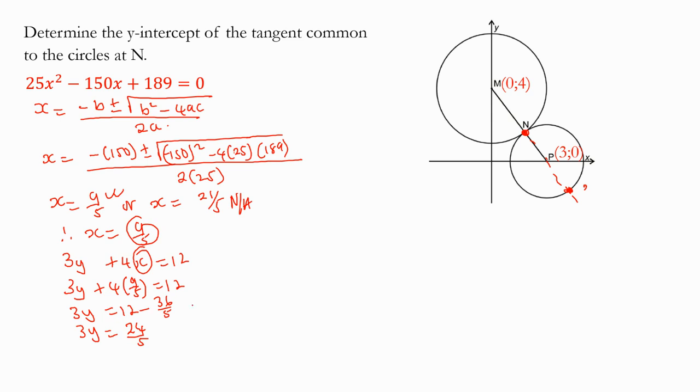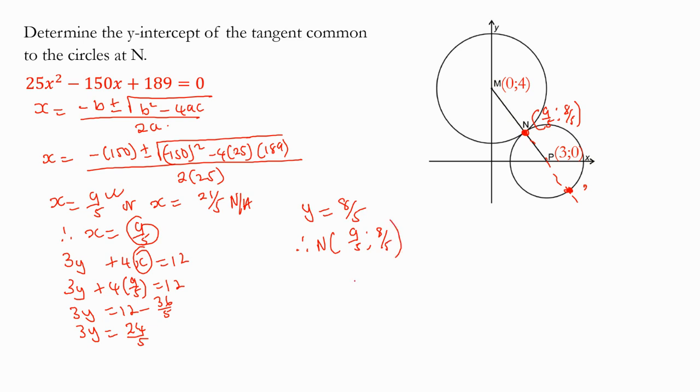And then divide by 3 on both sides of the equation. So y is equal to 8 over 5. So therefore, this N here is going to be the x coordinate 9 over 5, and then the y coordinate is 8 over 5. So the coordinates of N are 9 over 5, 8 over 5.